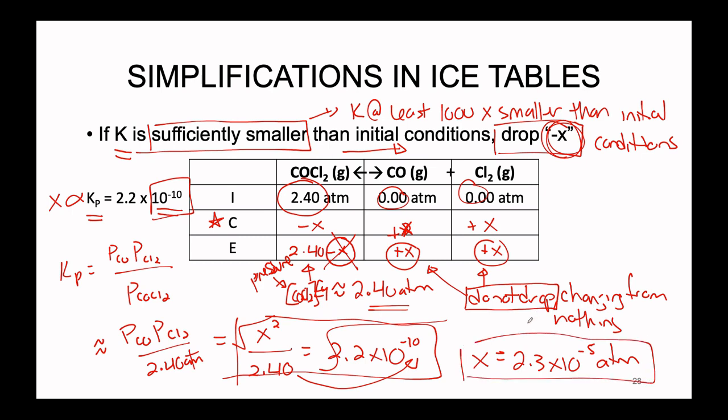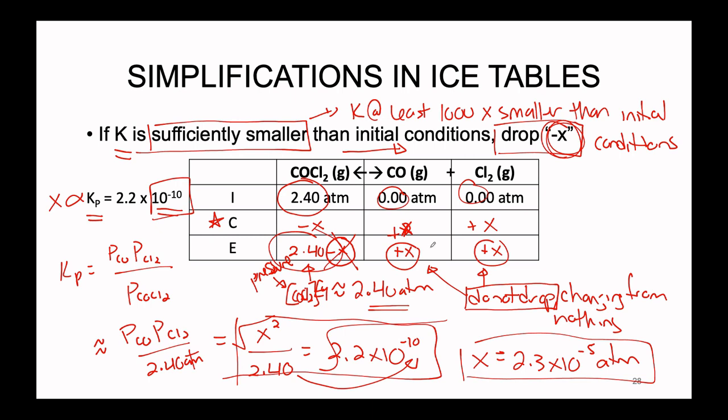So this gives us what our change is, what our X is equal to. And again, if we come up and observe our initial partial pressure of the COCl2, 2.40 minus a number that is times 10 to the negative fifth, with rounding to significant figures, is still going to be equal to 2.40. So this pressure at equilibrium for the COCl2 has not changed.